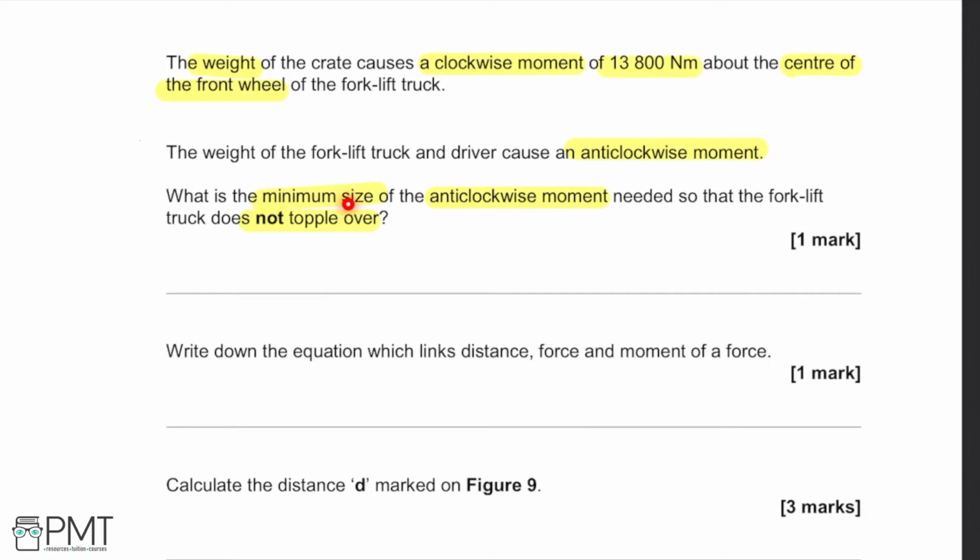So the minimum size of the anti-clockwise moment here is going to be that 13,800 newton meters. And when the anti-clockwise moment is 13,800 newton meters, that means that the object's in equilibrium because the anti-clockwise and clockwise moments are equal.